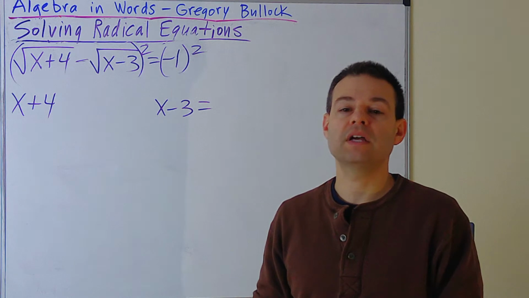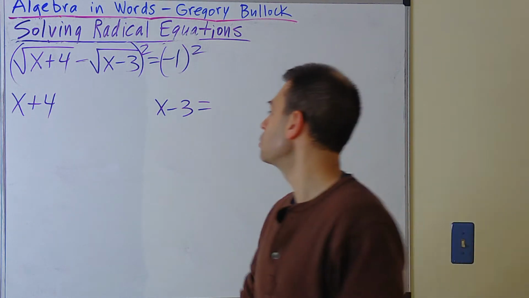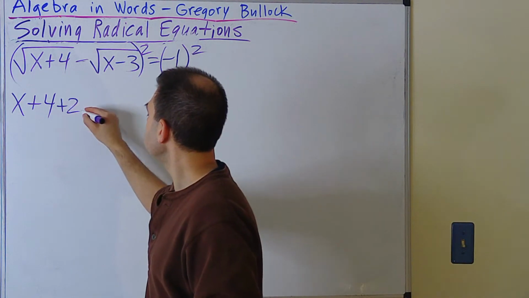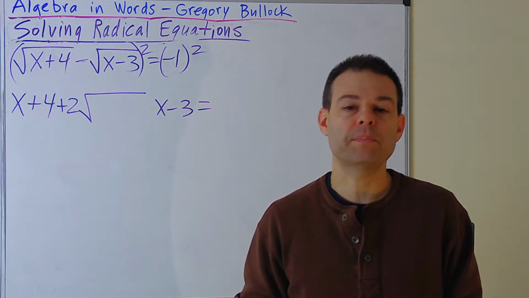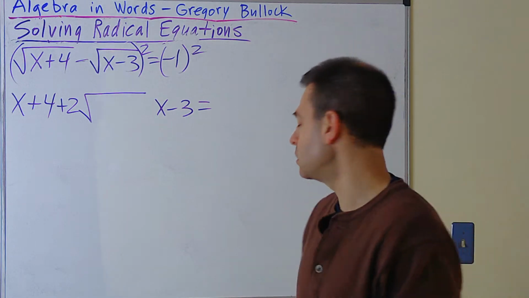So to do that, let's just write the times 2 and the radical, and then we'll do the intermediate step below to fill in what goes under the radical.